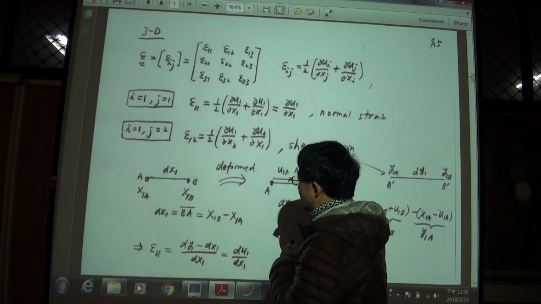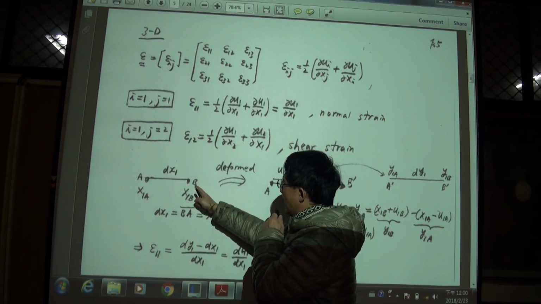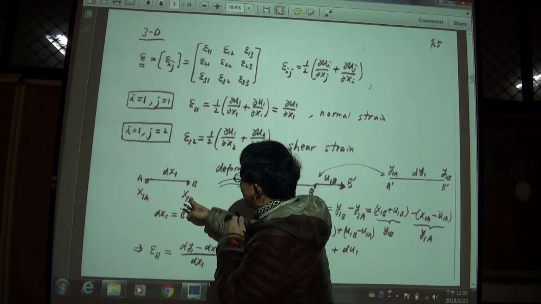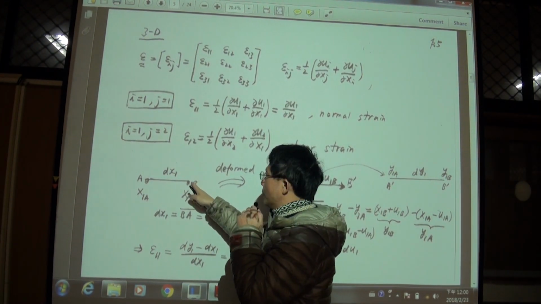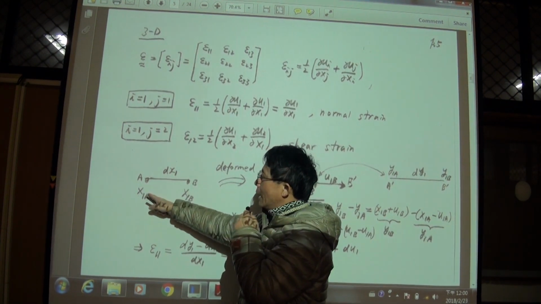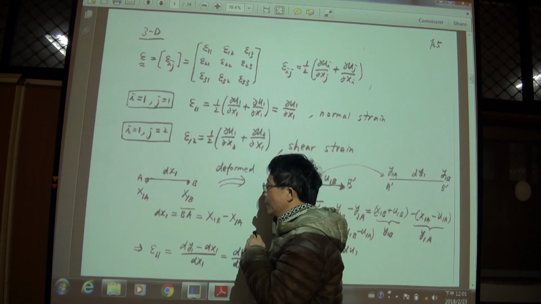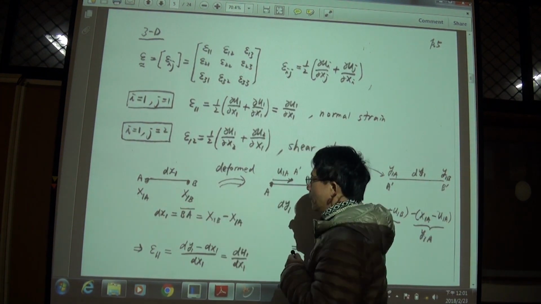Let us start here. x1 equal to BA, equal to x1b minus x1a. x1b is the horizontal coordinate of point B. x1a is the horizontal coordinate of point A. And then they subtract from each other to get x1.